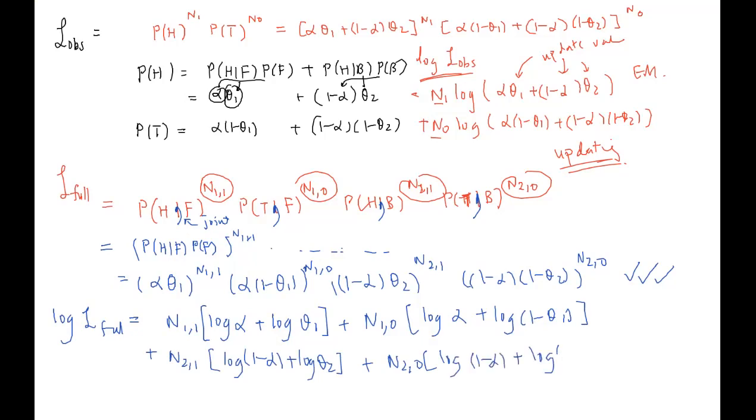Okay. Right, so this is the log of your full likelihood, so you get it like this, okay? Is it so far so good? This is basically the most important part of your EM algorithm, that you are able to write it down.